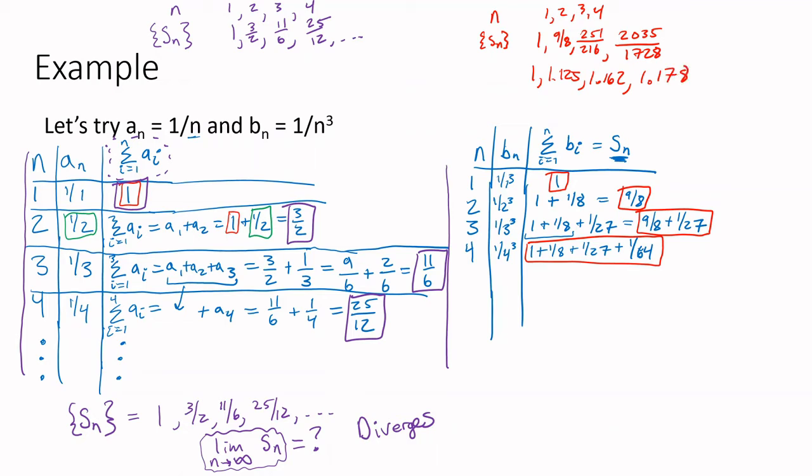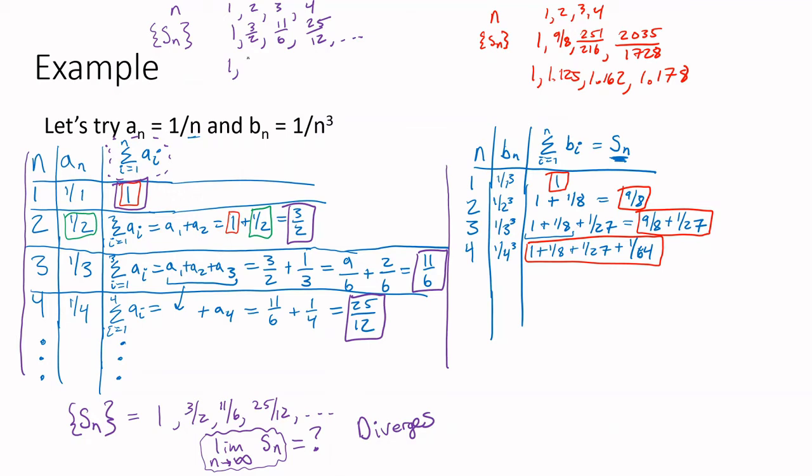So I see here that these definitely look different. This starts at 1 and I'm adding, but I'm not adding much each time. And it actually looks like the further I go, the slower this is getting, the smaller amount I'm adding here. Over on this side, though, for the 1 over n, the numbers are still pretty big. So that's 1, 3 halves.